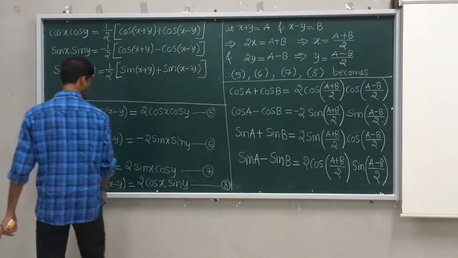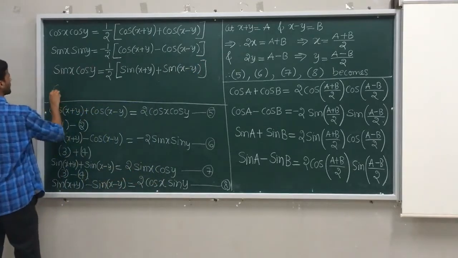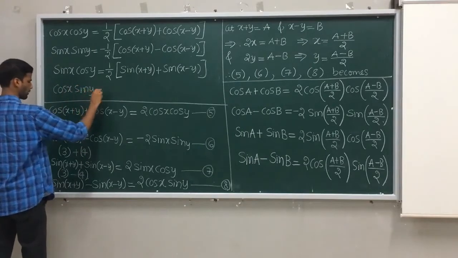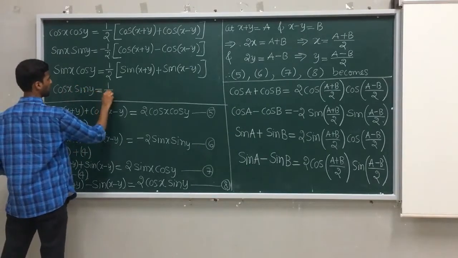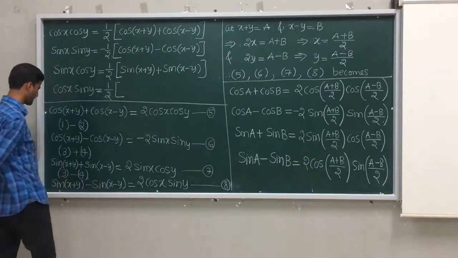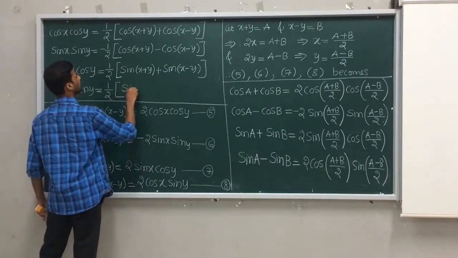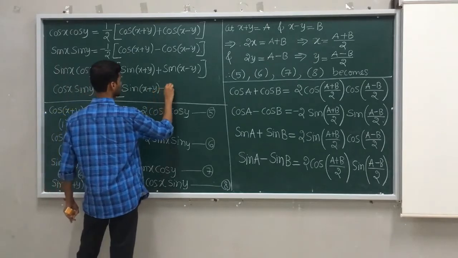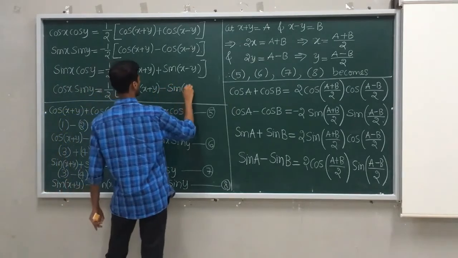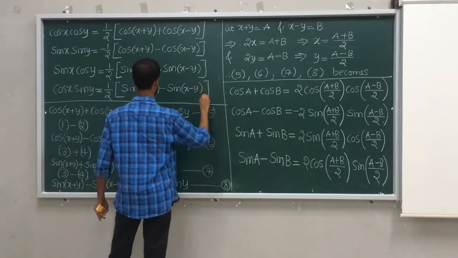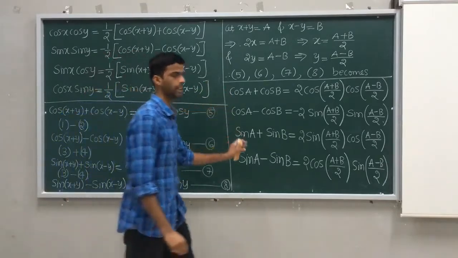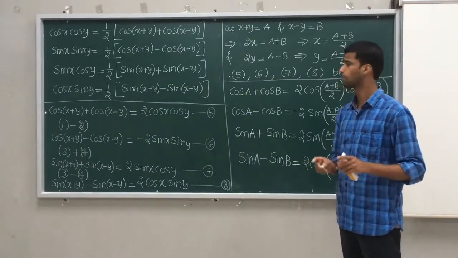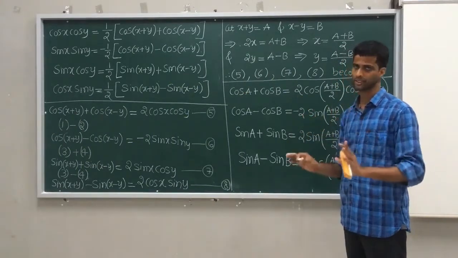And lastly, cos x sin y is equal to, bring 1 by 2 on this side, 1 by 2 times sine of (x plus y) minus sine of (x minus y). So these are the formulas. They very rarely ask derivation of this, but problems based on this come 100% every year.